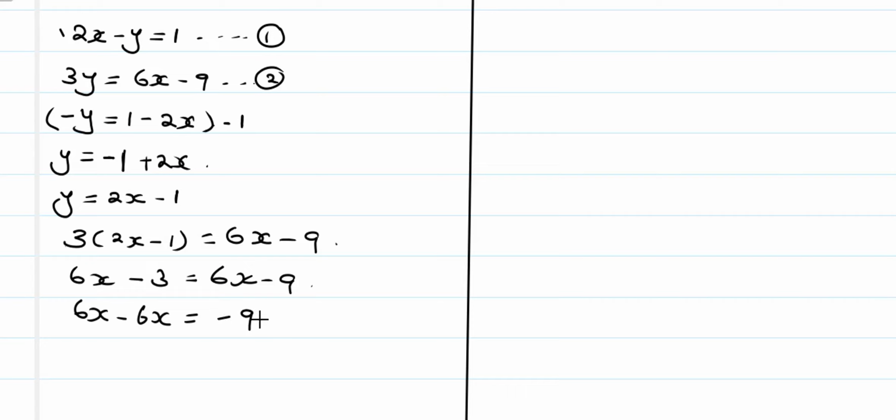Then I take 3 on the other side, which will be plus 3. So it becomes 6x minus 6x is 0, is equals to minus 9 plus 3, which is negative 6.